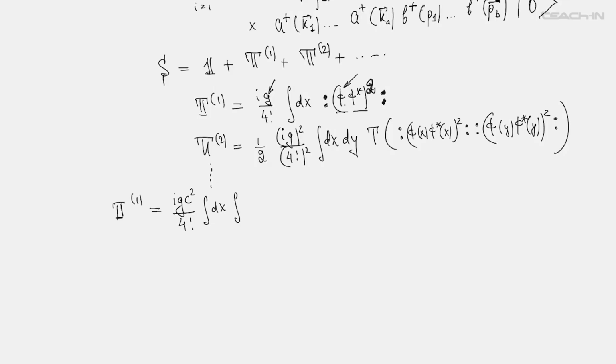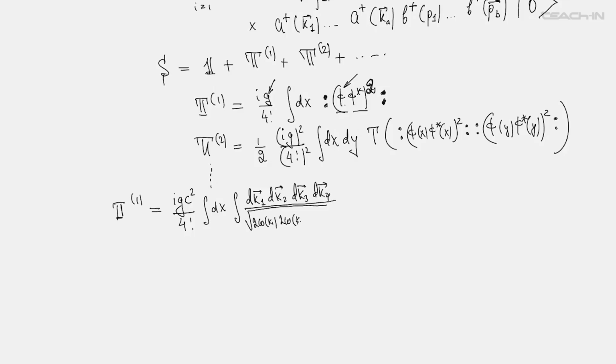And field phi and phi star is given by integral over momentum. So you will get 4 integrations, dk1, dk2, dk3, dk4. And from each measure, you will get the corresponding 2 omega on k1, 2 omega on k2, 2 omega on k3, 2 omega on k4.